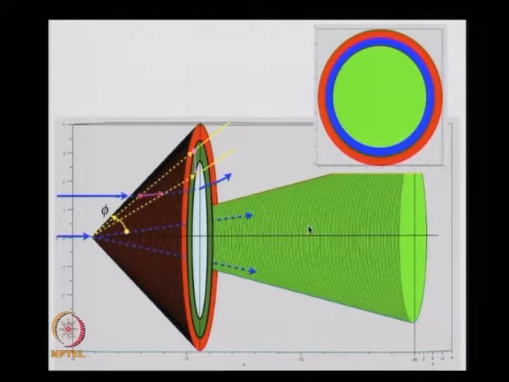Now, let us look at the 2D picture of this. As you know, this part here, the green part, is the cone, and the red is basically the shock wave.